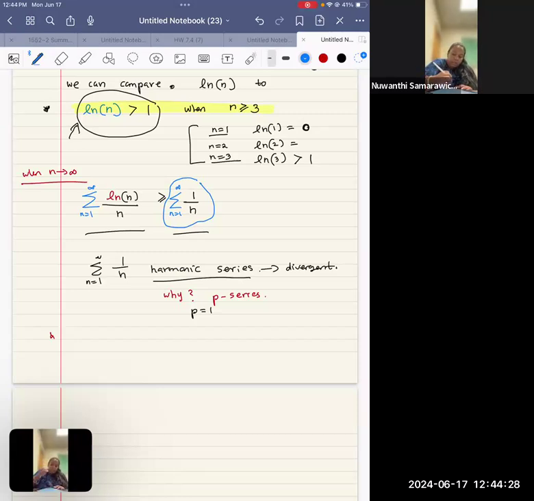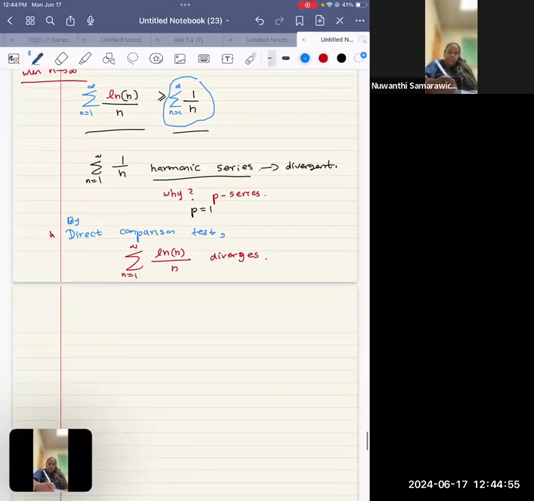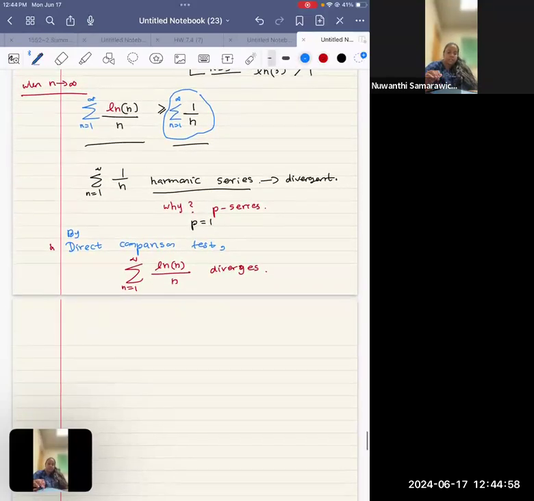So if the smaller is divergent, by the direct comparison test, our larger series also diverges. Okay, so this is another kind of example. Let's do another simple one.